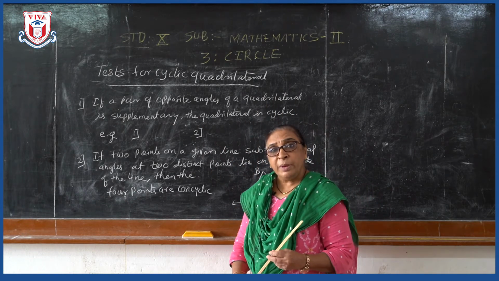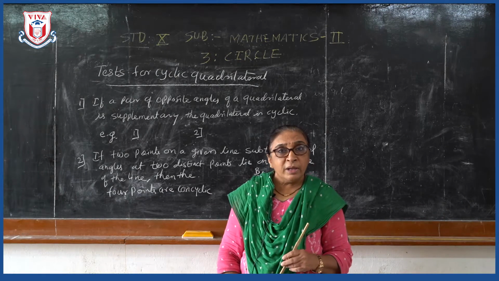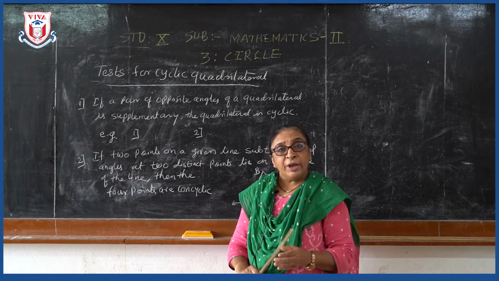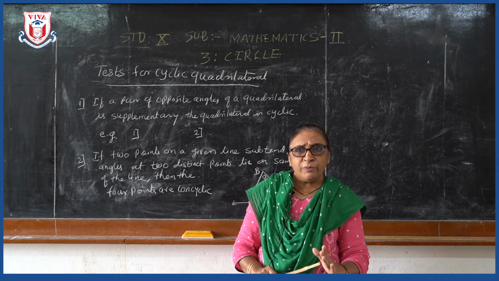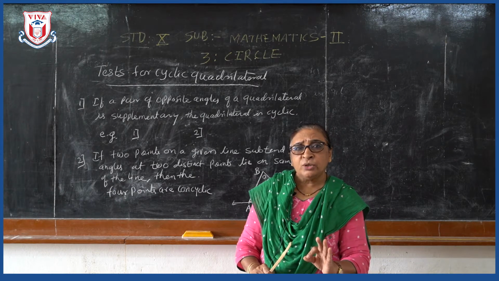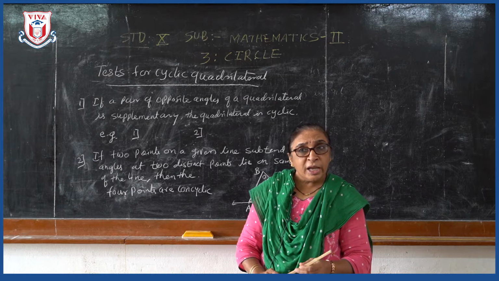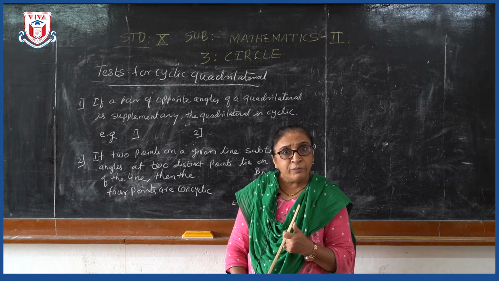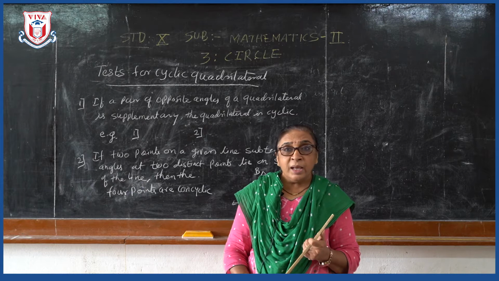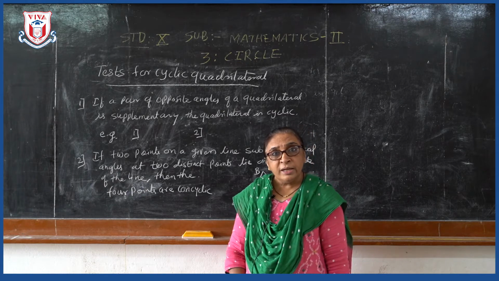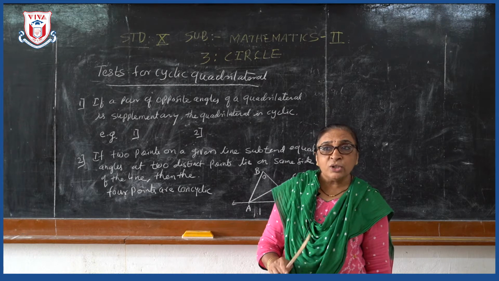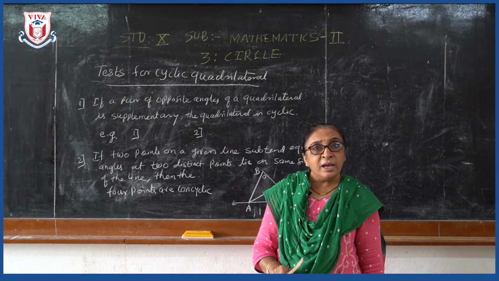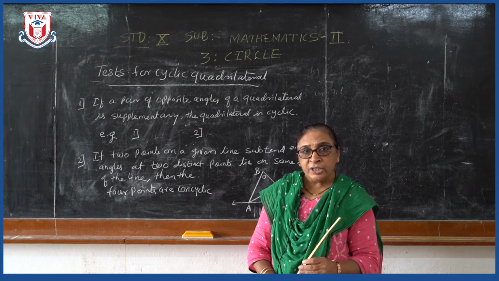Now, see, if the measures are not given, then too you can very surely say that a particular type of quadrilateral is always cyclic. Can you guess that type of quadrilateral? Listen here, consider a rectangle. In a rectangle, all angles are 90 degrees, right angles.